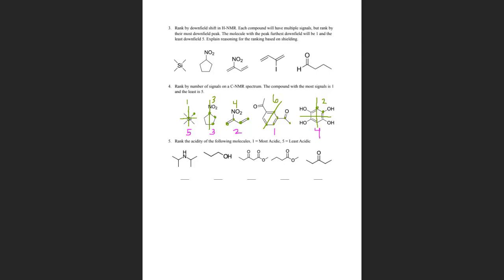Let's do number 3 then. It says to rank by downfield shift in HNMR. Each compound will have multiple signals, but rank it by their most downfield peak. The molecule with the peak furthest downfield will be 1 and the least downfield 5.